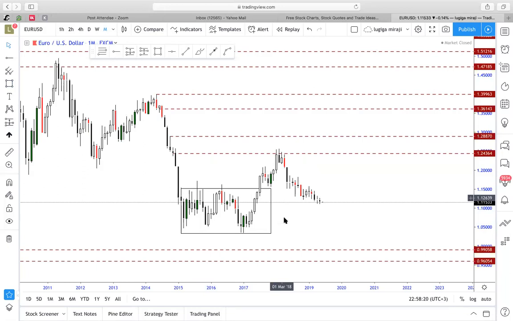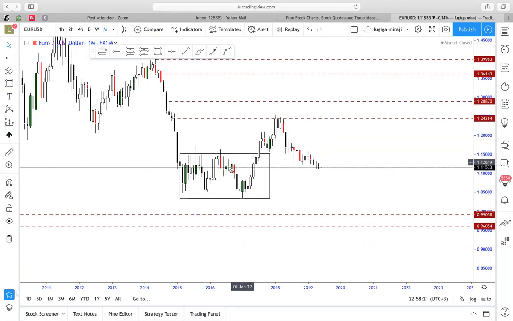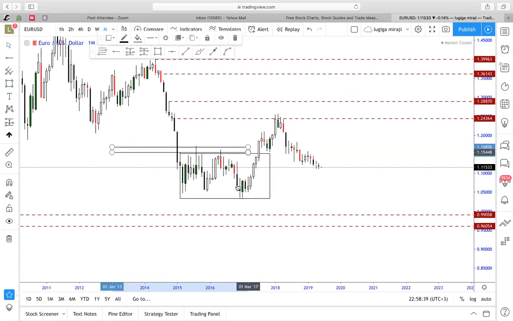Before the break of this consolidation zone, we have some price action behind that formed the level. Let's check. Price was ranging, and once it hits this, let's mark it as maybe a resistance. Once price hit the resistance level, it started dropping. So price was moving between these two levels, the upper one and the lower one.